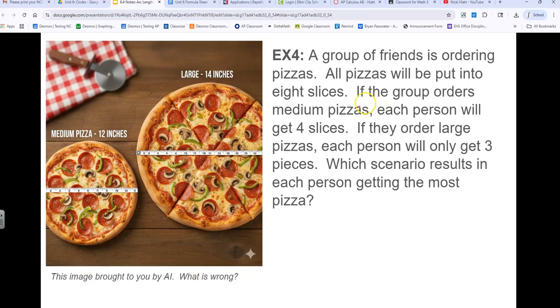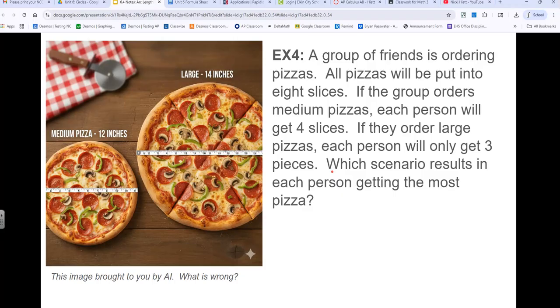So, in this case, if you get 4 slices of medium pizza, you're getting more slices, but the slices are going to be smaller. Whereas if you have 3 pieces of a large pizza, you're getting only 3 pieces, but the pieces will be larger. So, in this case, we would need to think about the area of the pizza that we would be looking at, and it's going to be like a sector area.